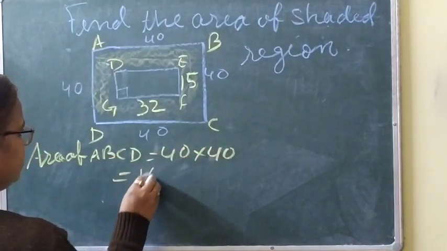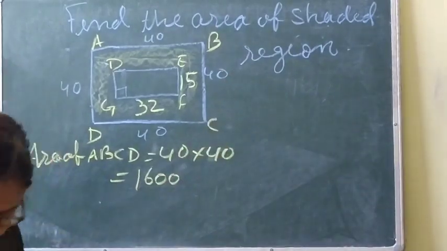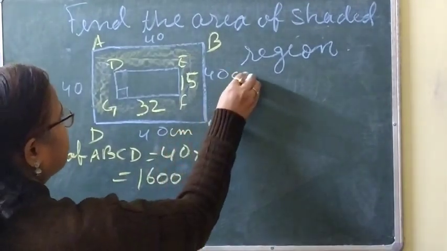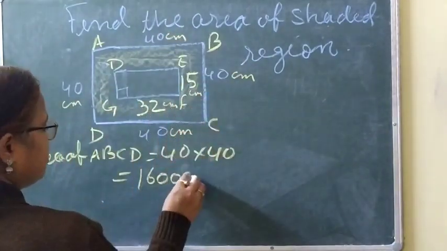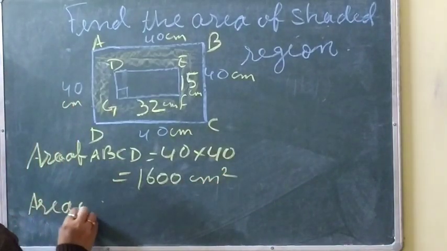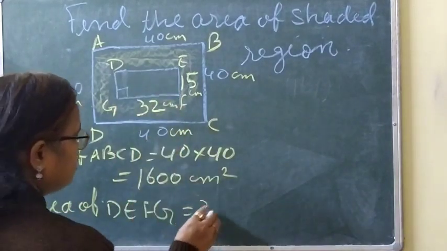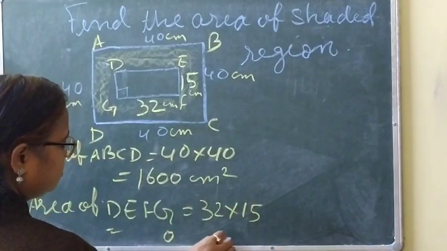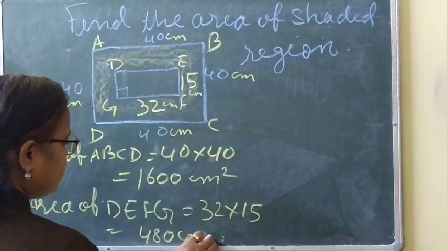That is 1600 centimeter square, if it is given in centimeter. Then we will find out area of DEFG, and this is a rectangle. So 32 into 15, which is 480 square centimeter.